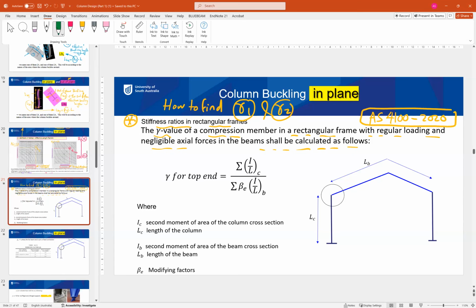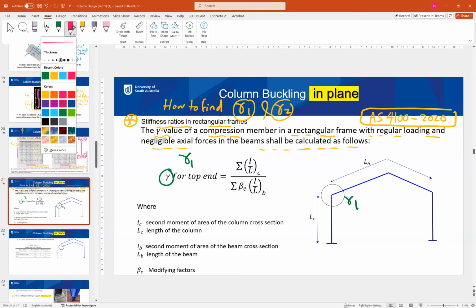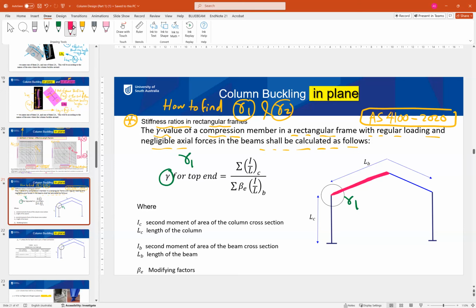So what do we need to do to find gamma? For gamma 1, the top end, we need to know the rafter properties at this point. So we need to know the rafter, and also the column. Gamma 1 is a relation between the properties of the rafter and the column.